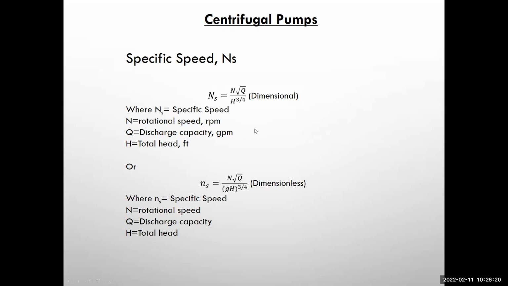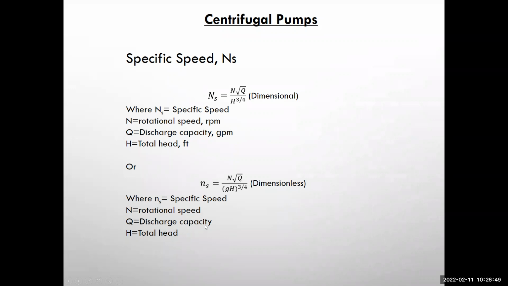Okay, now what is a dimensional number and what is a non-dimensional number? What is the beauty of a dimensionless number? It can be used for any unit system. You see here, rotational speed, I didn't write down any unit.